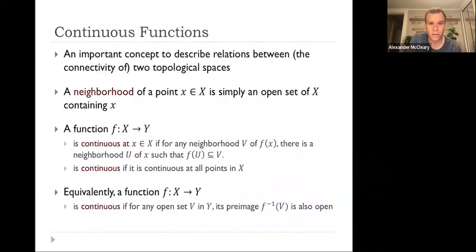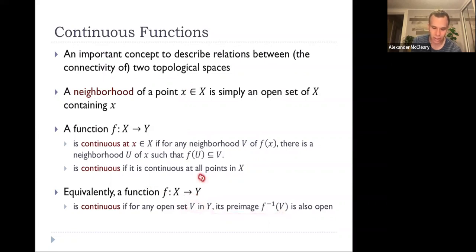Okay, but now there's another way we can define a continuous function. Here we have a set function f from X to Y, and it's continuous if for any open set V in Y, its inverse image under F, that is, everything that maps into V, is open.